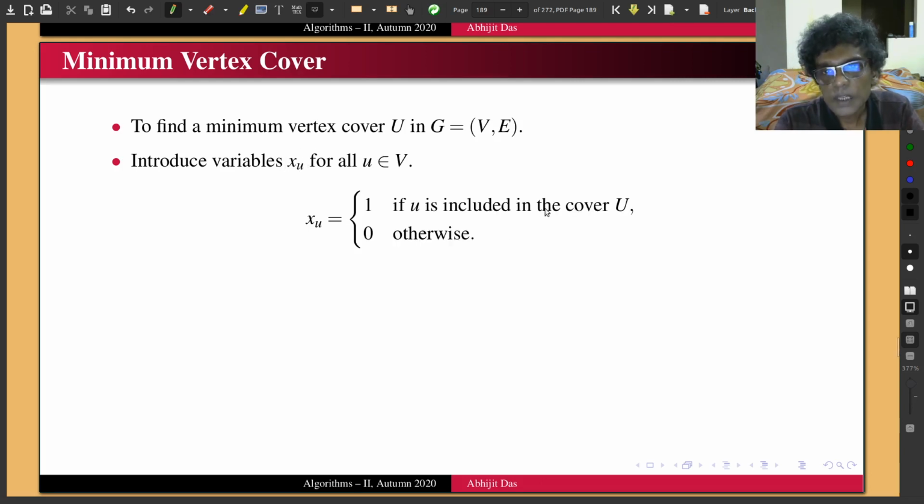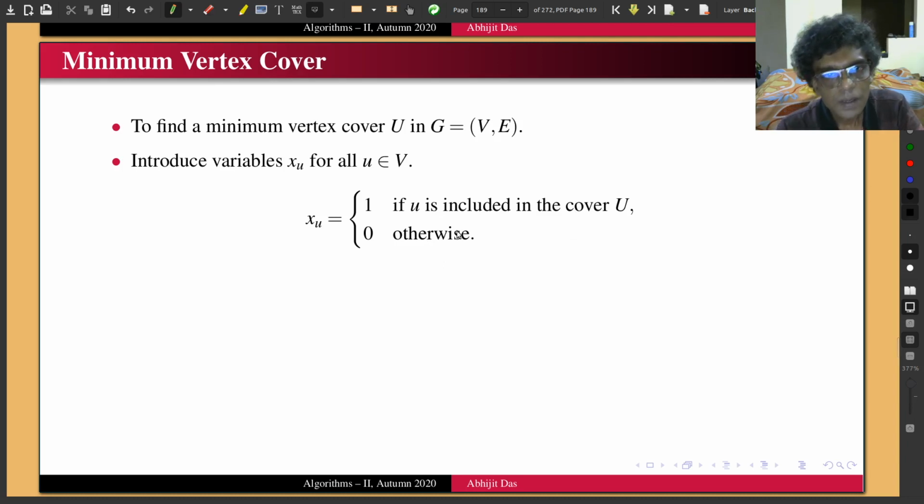If u is included in the cover U, I would like to have xu equal to 1. If u is not included in the cover, then I will have xu equal to 0. So this is the interpretation of this variable xu: 1 if u belongs to U, 0 if small u does not belong to the cover capital U.